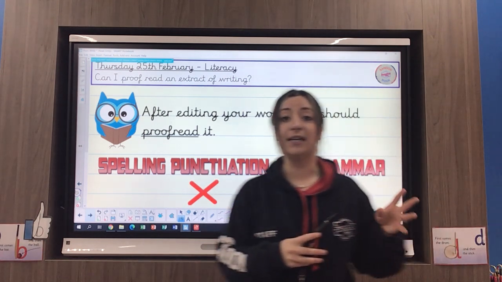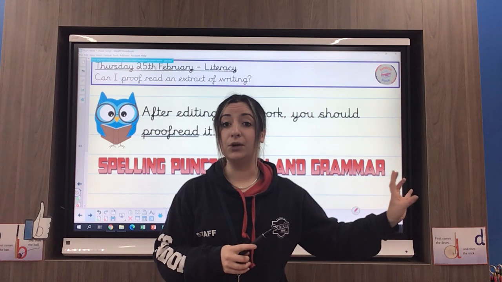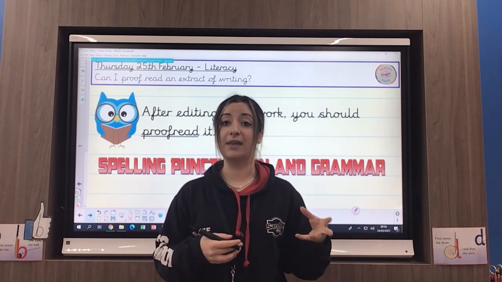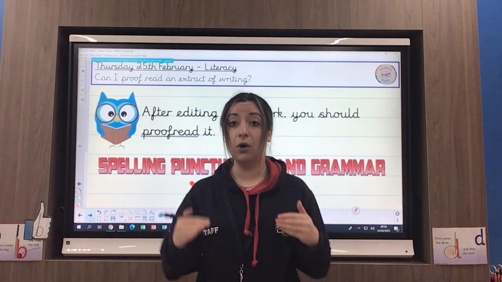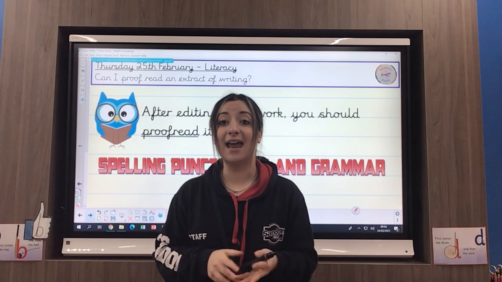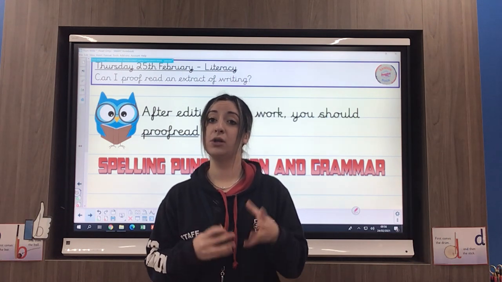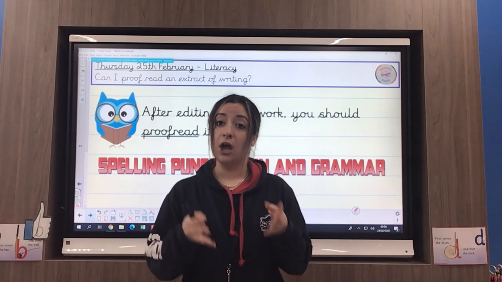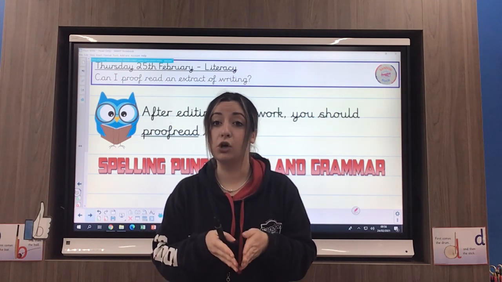And then finally, we need to be looking at grammar. So looking at my word classes and checking for sense. Although we've done that with our editing, we're going to read through the whole of our writing again, just to check that it does make sense and I have used the right words. Sometimes when we are writing, we will be writing in different tenses, and we need to stick to the correct tense.